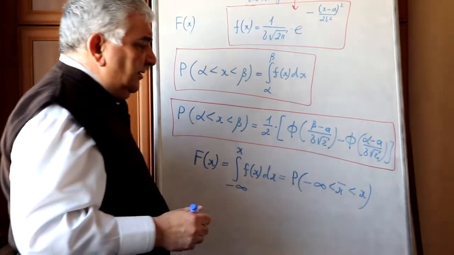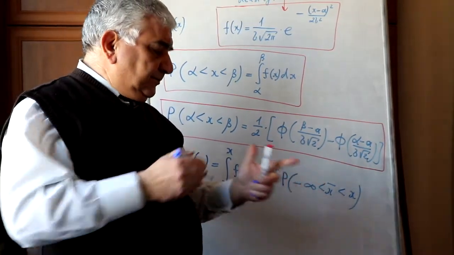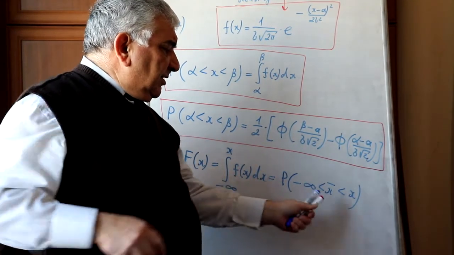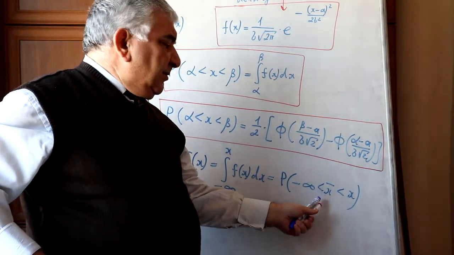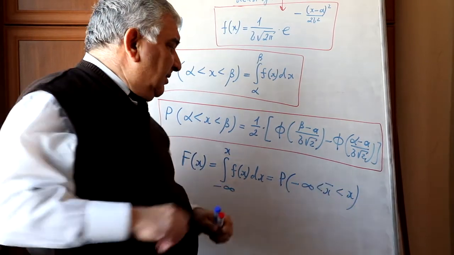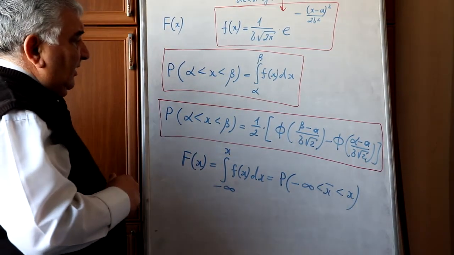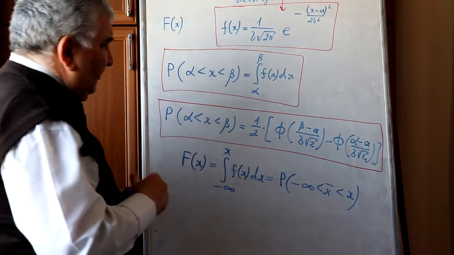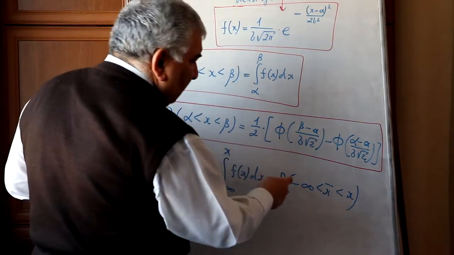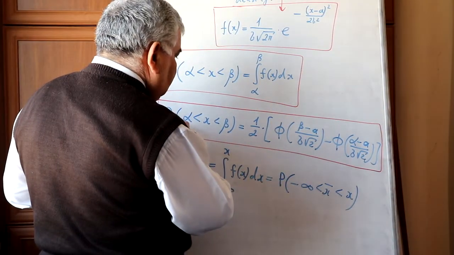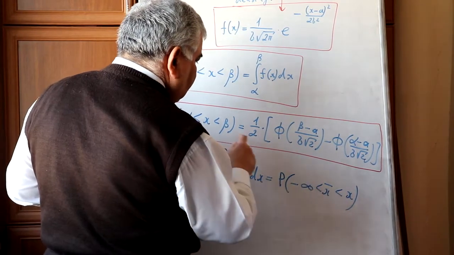Here we must denote the continuous random variable itself by x with the line. And then here we must substitute minus infinity instead of alpha and x instead of beta.